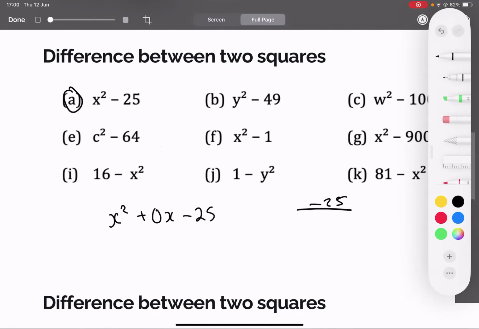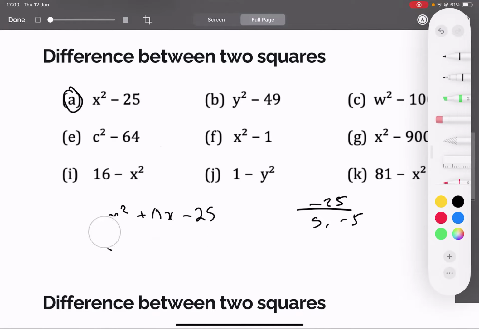It can't be minus 25 and 1. So what's the other option? Minus 5 and 5. If it's going to add up to 0, it has to be the same number cancelling itself out. So it has to be 5 and minus 5 every single time. So it'll be x plus 5, x minus 5.